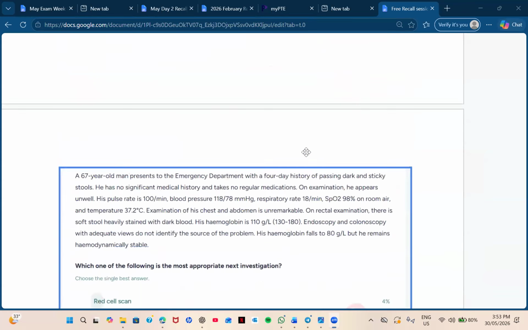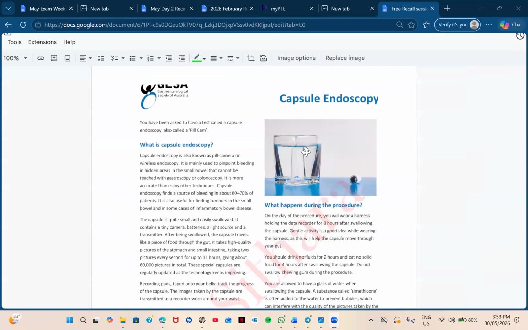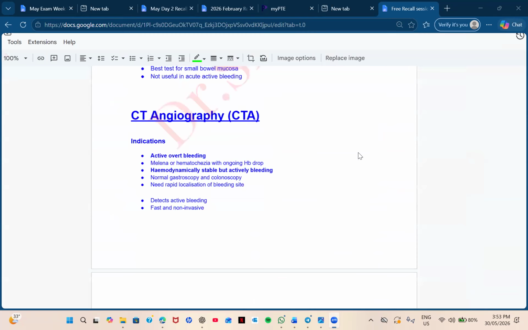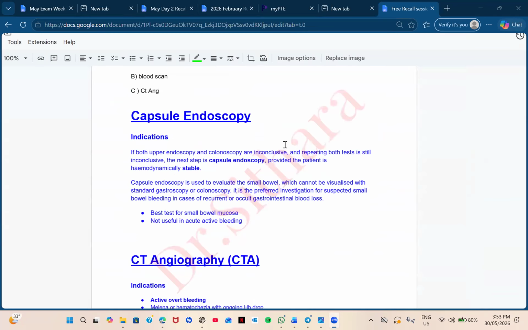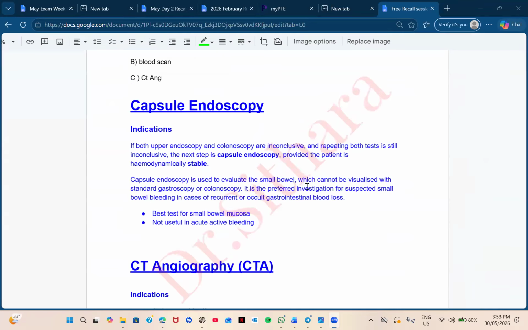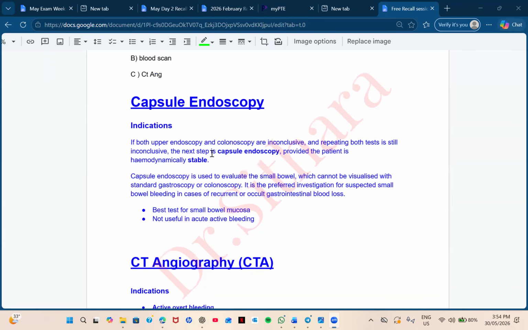So what are the points you need to understand here? This is the summary I can give. The capsule endoscopy indication is what? Both upper endoscopy and colonoscopy are inconclusive, and repeated tests are still inconclusive. The next step is capsule endoscopy, provided the patient is hemodynamically stable.